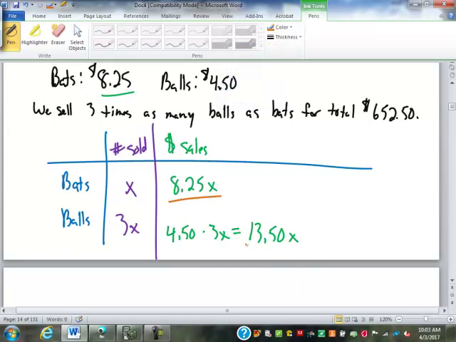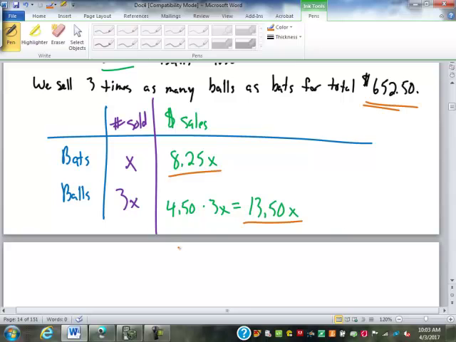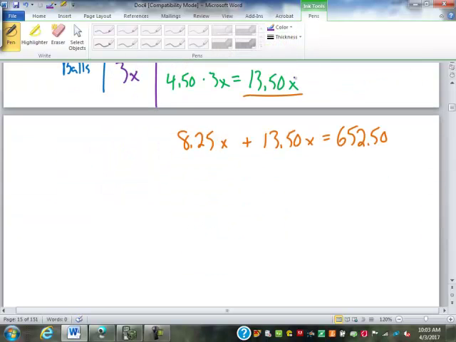Those two numbers have to add up to the 652.50. So 8.25x plus 13.50x equals $652.50. Now what do we do? Combine. Very good. This is going to be 21.75x equals 652.50.